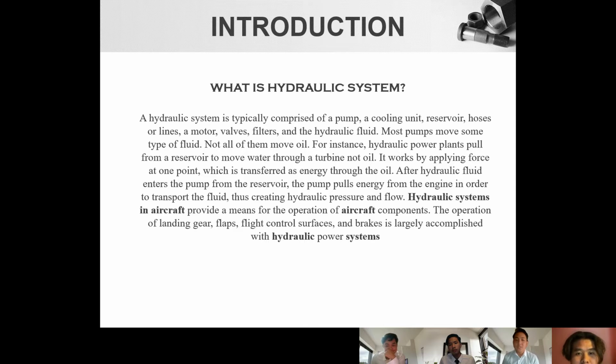Most pumps move some type of fluid, but not all of them move oil. For instance, hydraulic power plants pull from a reservoir to move water through a turbine, not oil. It works by applying force at one point, which is transferred as energy through the oil.